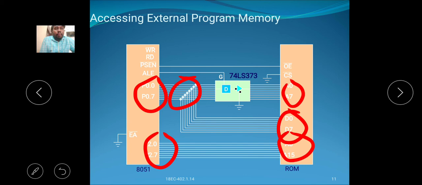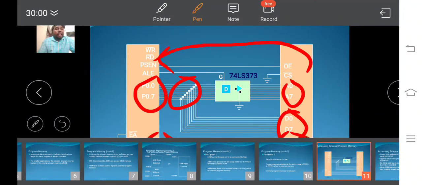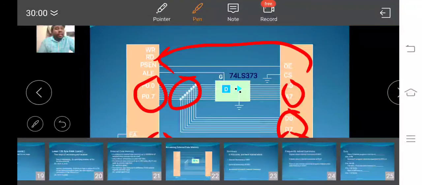Then there are some pins related to accessing the external program memory, the ROM, for the 8051. This is the brief discussion about the memory organization of the 8051 microcontroller.